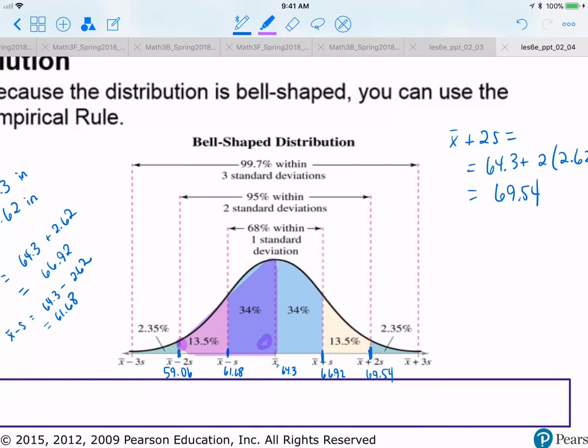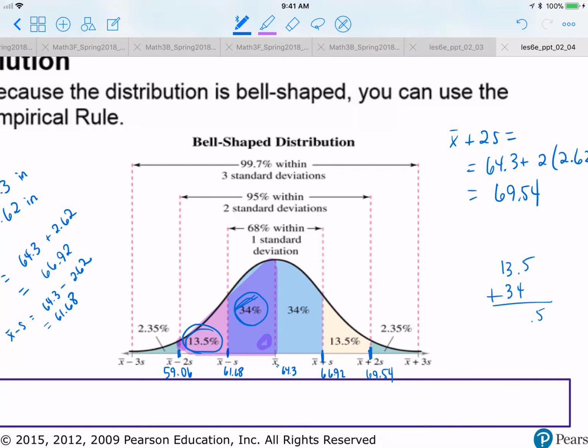Now, we've been told that 34% is between 61.68 and 64.3, and then 13.5% is between 59.06 and 61.68. So in the purple region, we just need to add up 13.5 plus 34%.